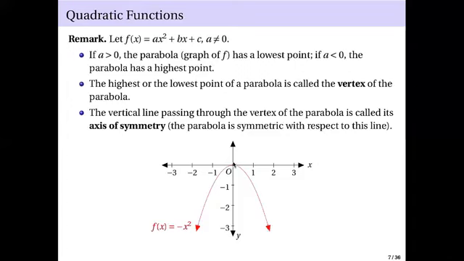But in this case, it has the highest point here. Okay? And just like before, the axis of symmetry is just the y-axis in this case. So we have here the axis of symmetry. Question so far?